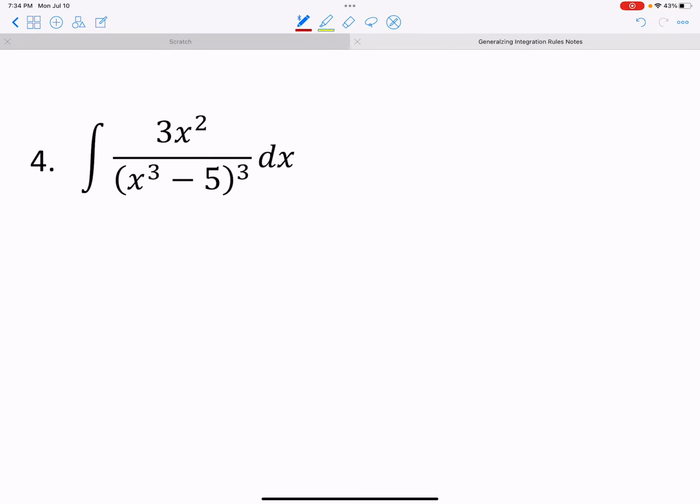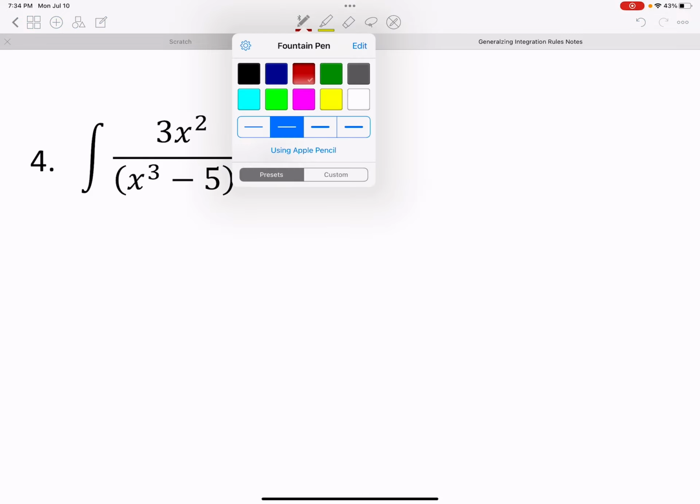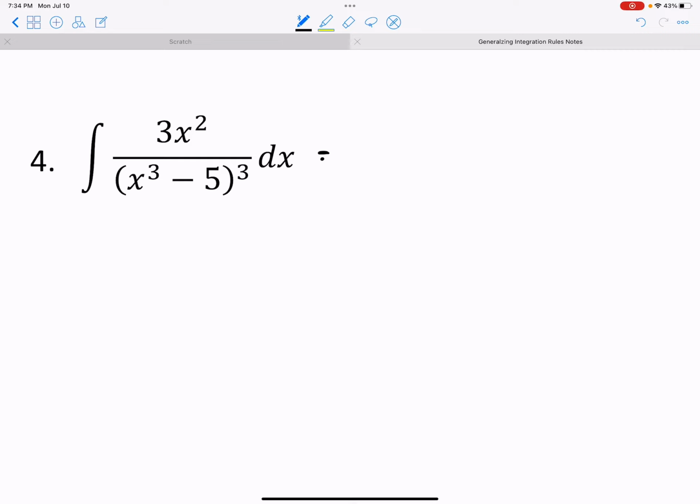Now this one is kind of like, I think, example 2. I would rewrite this. I don't want this quotient in here if I don't have to deal with it. So I'm going to make this the integral of 3x squared multiplied by x cubed minus 5 to the negative third power. So my inner function here is going to be x cubed minus 5, that's u.